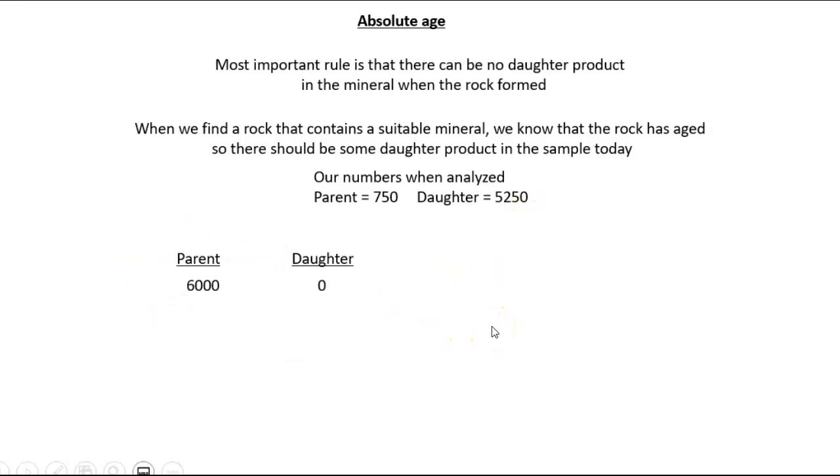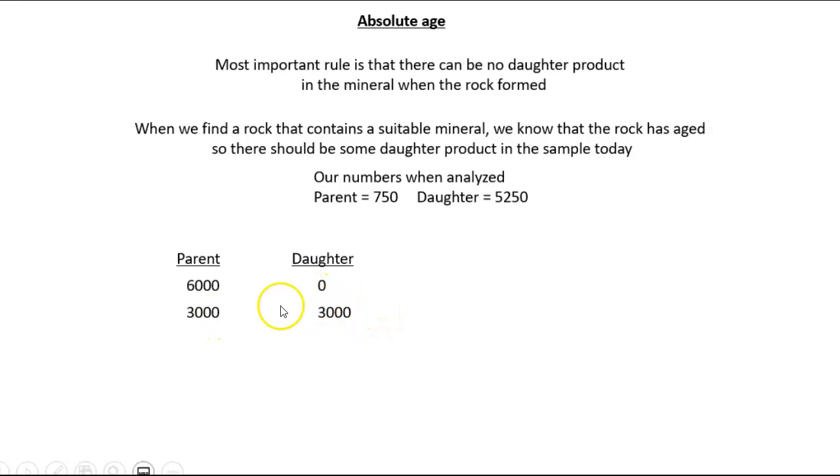What I want to first determine is how many half-lives have occurred in order to get the ratio that I see today. So all I'm going to do is take this 6,000 and take half of it. Half of 6,000 is 3,000. What happened to my 3,000 unstable atoms? Well, they turned into something else. These daughter atoms that are now stable.